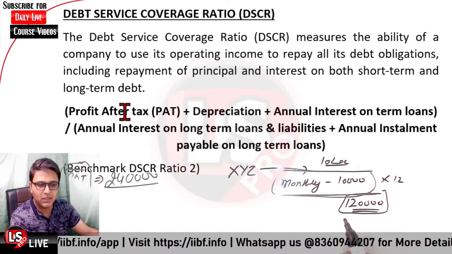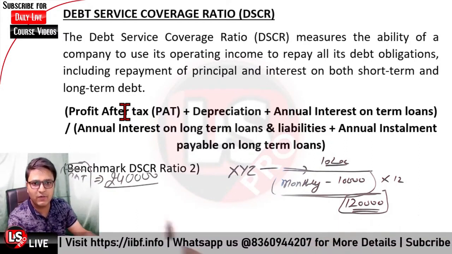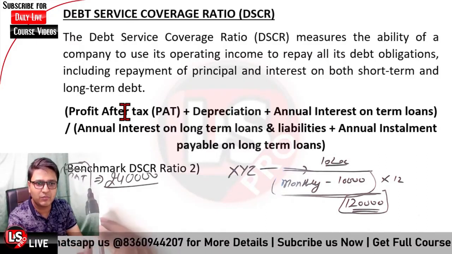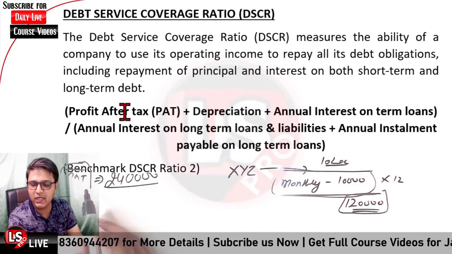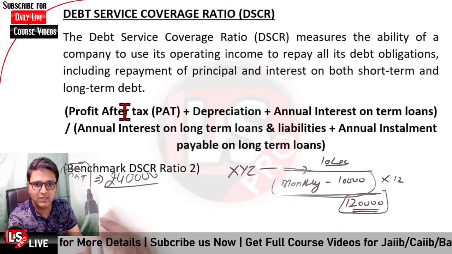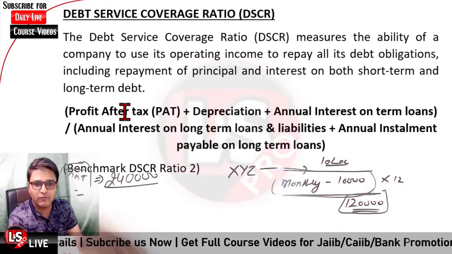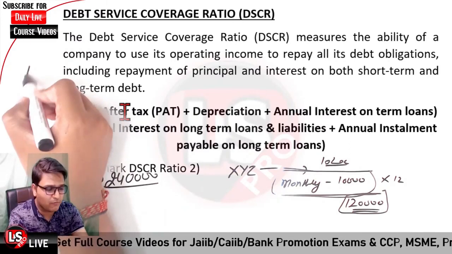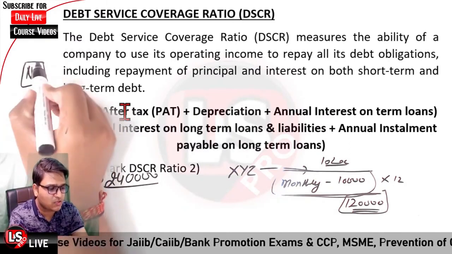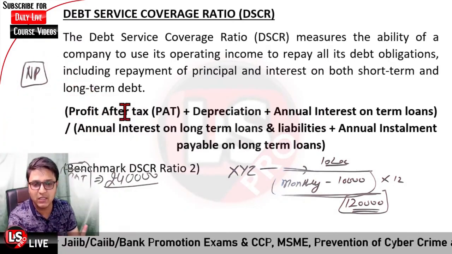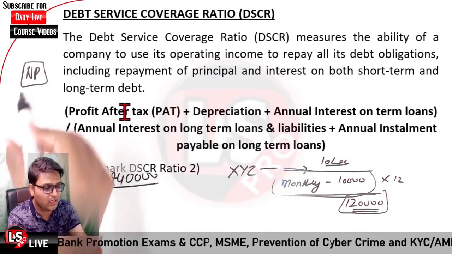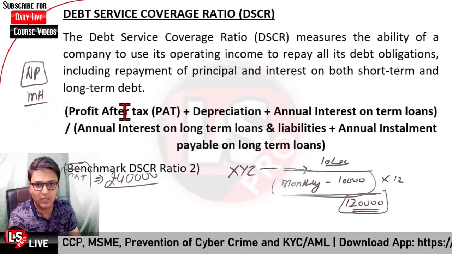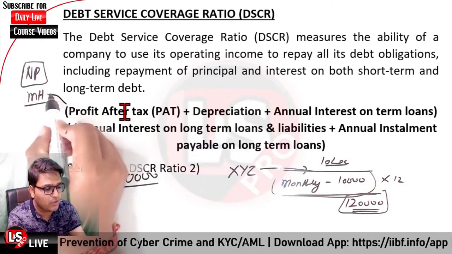Now when you consider profit after tax, you have already subtracted the interest from it. Whenever you ascertain the net profit from the profit and loss account, you subtract interest on the term loan that you are paying.